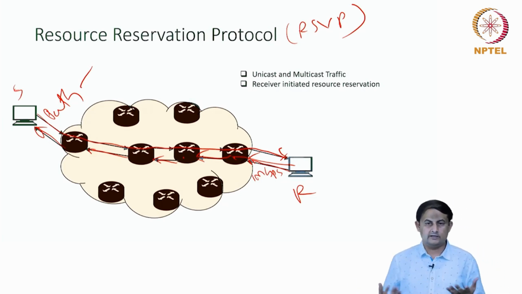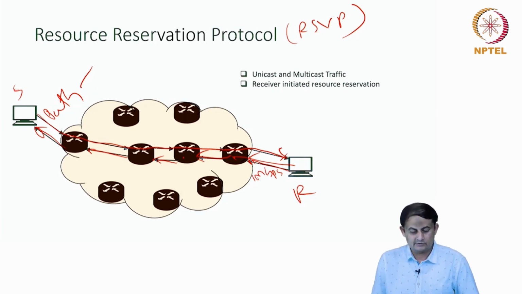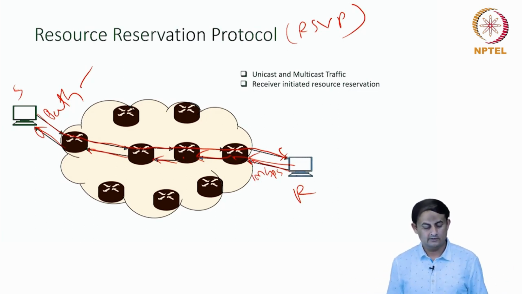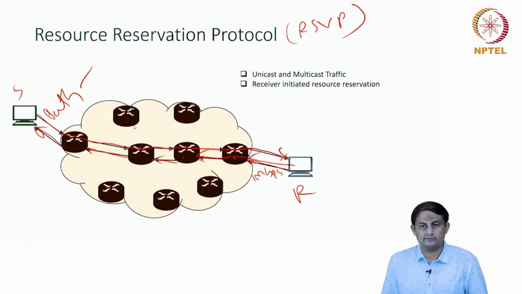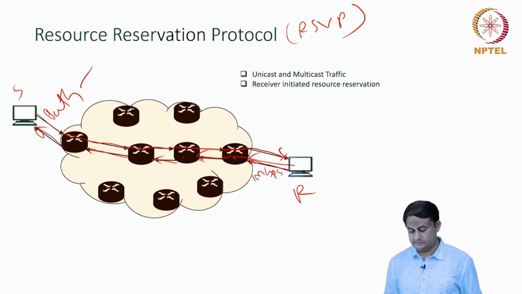And then the confirmation message is sent back to the receiver. Okay, reservation is now complete. You can now start receiving the conversation. The application can utilize the transmission, and it can run using this setup. So that is what the resource reservation protocol is all about.